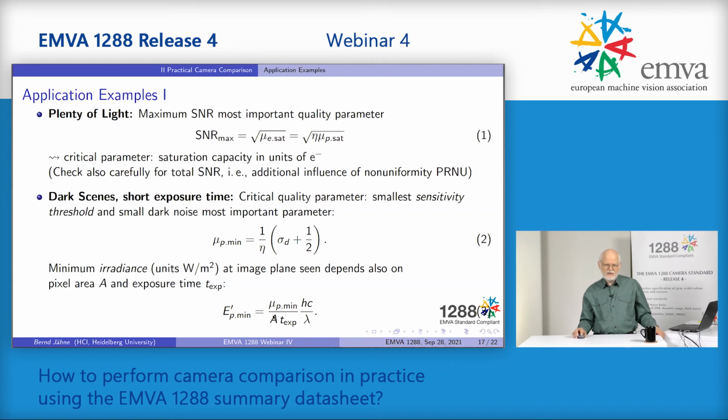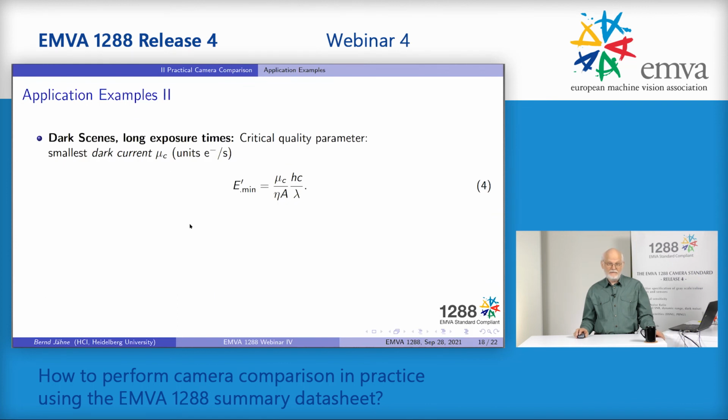So here we are actually in the bad situation that if we really want to measure very low irradiances, we need to have large pixels, because the area is down here in this equation. So if we have a pixel with double size, we simply get 4 times more electrons and a better signal. And as I said, this is a bad choice in that sense, because sensors with large pixels are more expensive. So that might be a problem if you have really dark scenes or short exposure times.